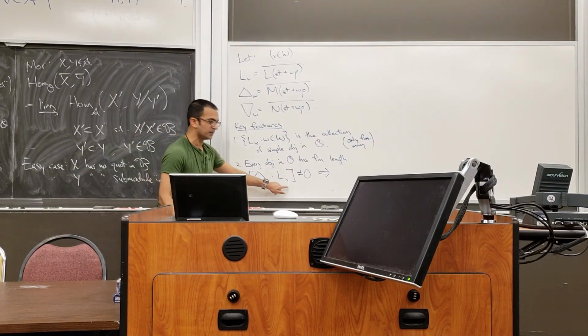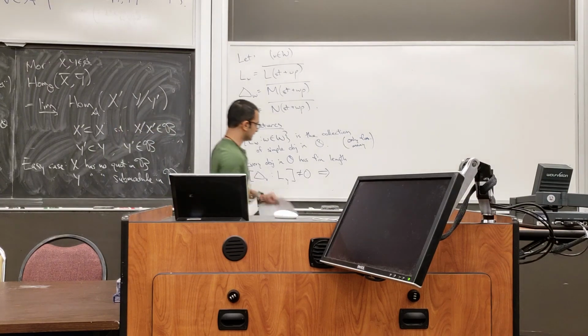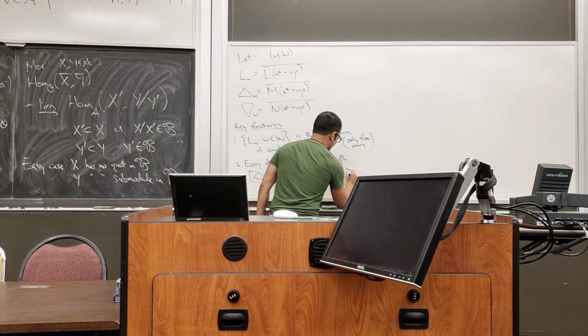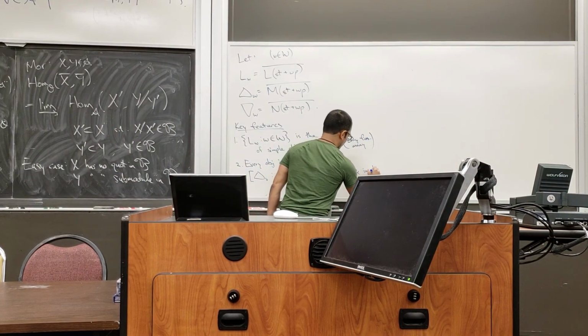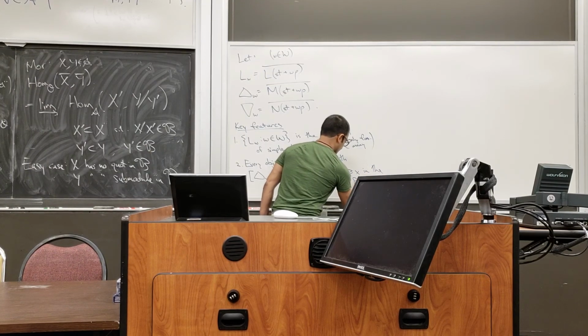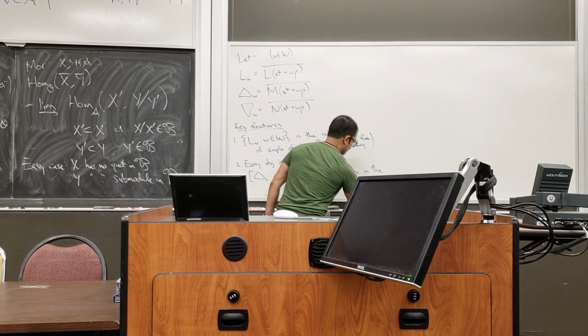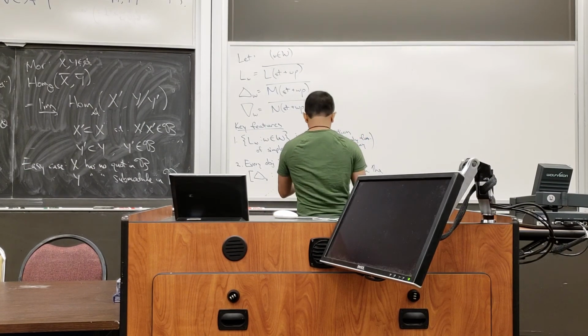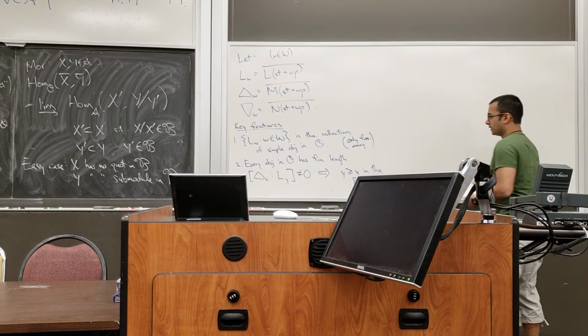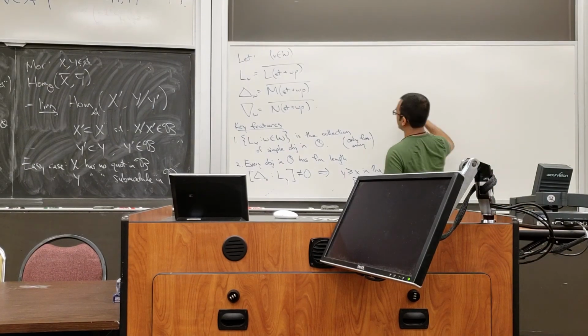So X and Y here are both elements of the Weil group, and the condition is that this forces Y to be larger than X in the Bruhat order.